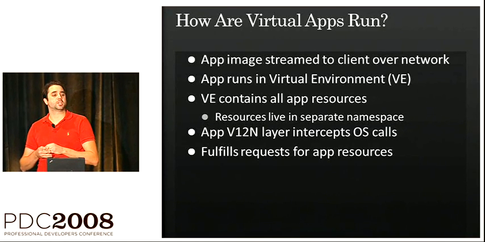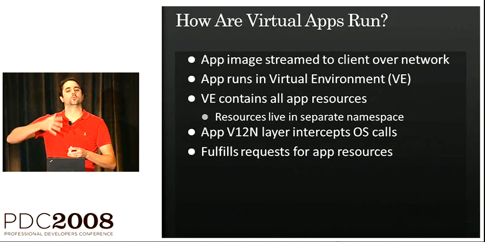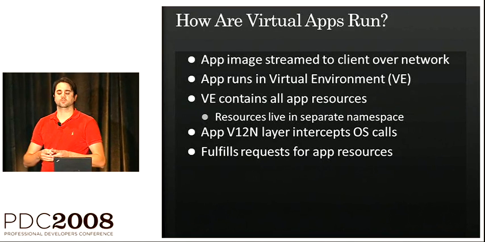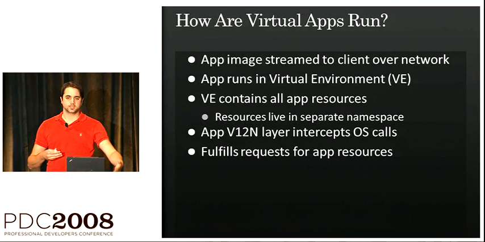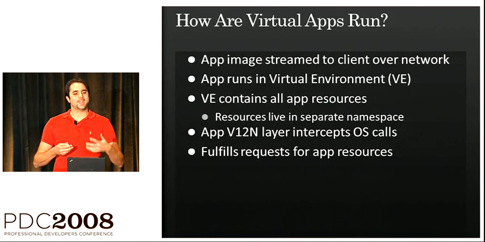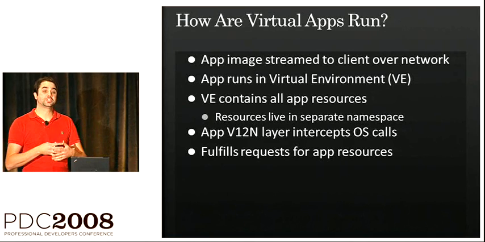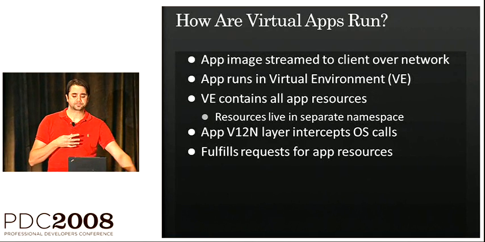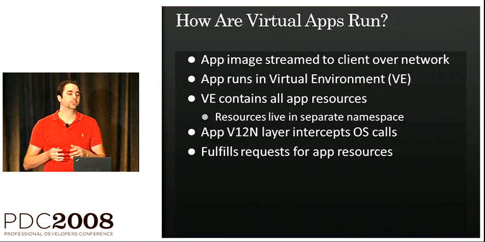That's fully possible; we make that possible. You can run a command prompt inside the virtual environment. You can run regedit inside the virtual environment. You can run any of your testing tools inside the virtual environment. And now when you use that tool, you'll see the correct view of the world. You'll see what the application's seeing, and you'll get what you expect.